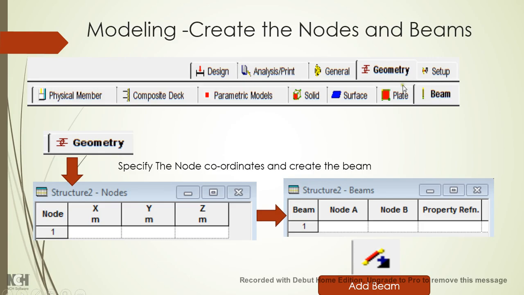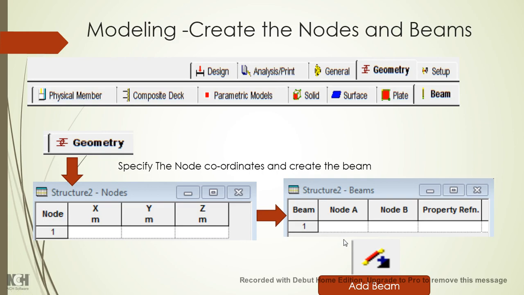On the left page control you have to go to geometry and click on beam, but by default it will be active, so there is no need to do that. Next, here you have to type the node coordinates. Node number 1 is 0 0 0, next node number 2 is 5 0 0, like this.